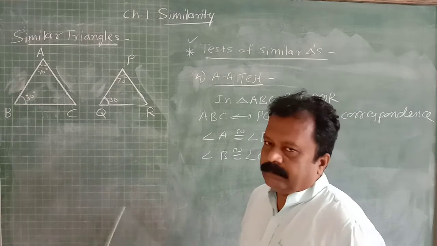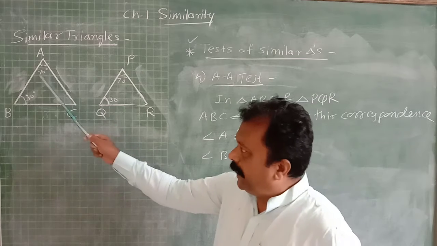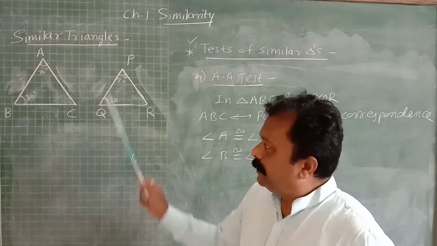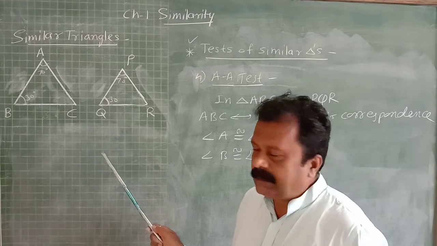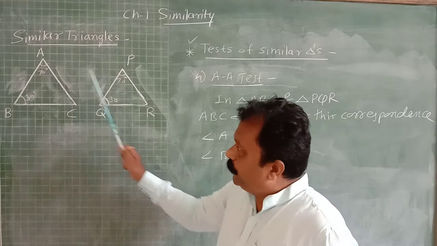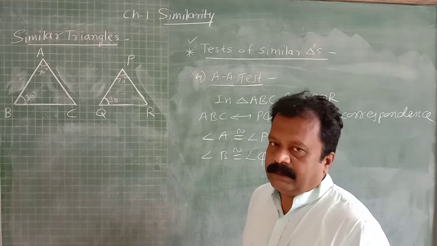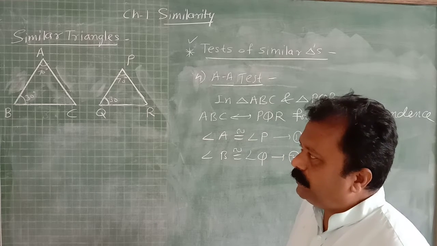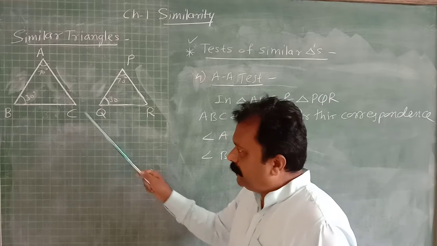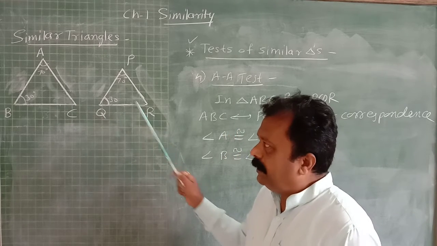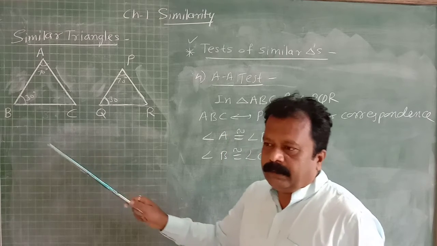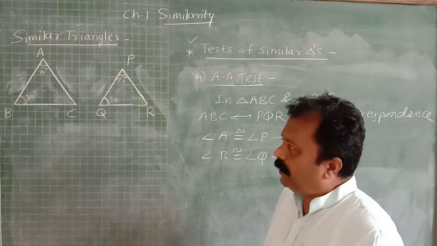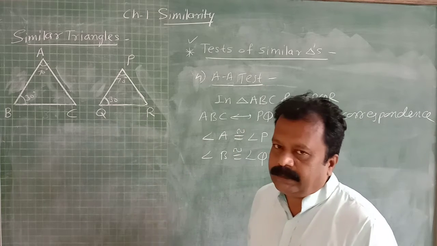If two triangles are given, and pairs of corresponding angles are congruent, then we can show the two triangles are similar. But in the AA test, if two pairs of corresponding angles of two triangles are congruent, then we can say the two triangles are similar. Now how to read the test: for the given one-to-one correspondence between vertices of two triangles, if two angles of one triangle are congruent to two angles of another triangle, then we can say these two triangles are similar to each other.